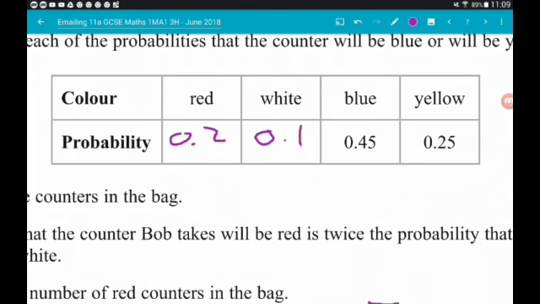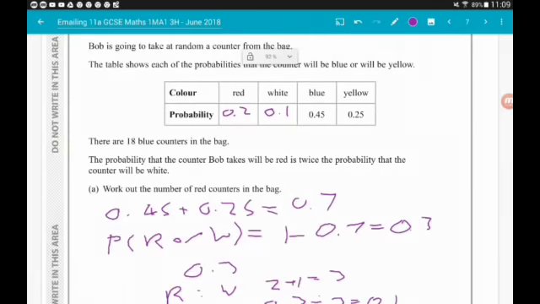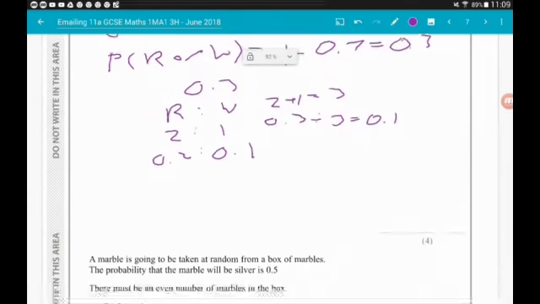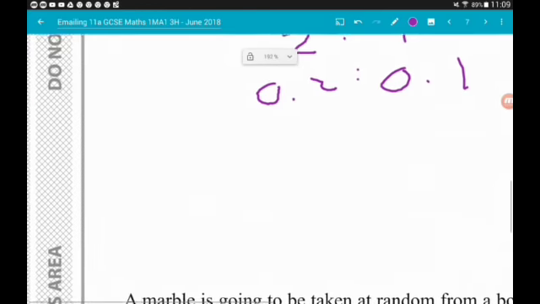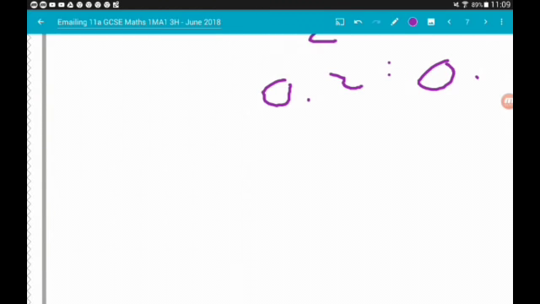Okay, next we need to somehow work out how many counters are in the bag in total. Now, we are told that there are 18 blue counters, and we know blue makes up 0.45 of the total probability. So, I'm going to turn 0.45 into a fraction, which your calculator can do for you. Just put in 0.45, press equals, and it will give you 9/20.